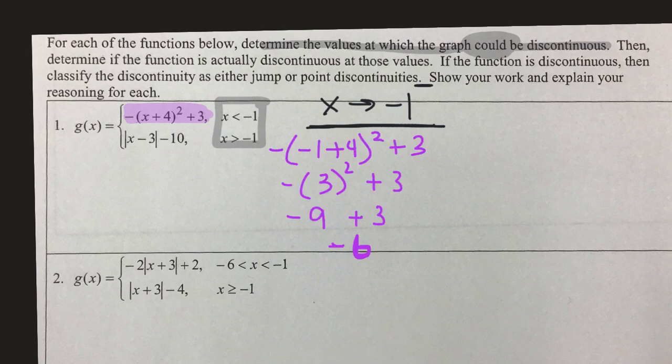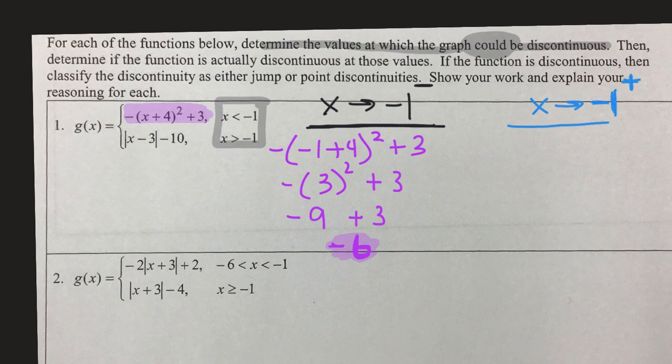So I get a y value of -6. So on the left side of my graph, the y value is approaching -6. That's the y value the graph is approaching. Okay, now what about on -1 from the right side?